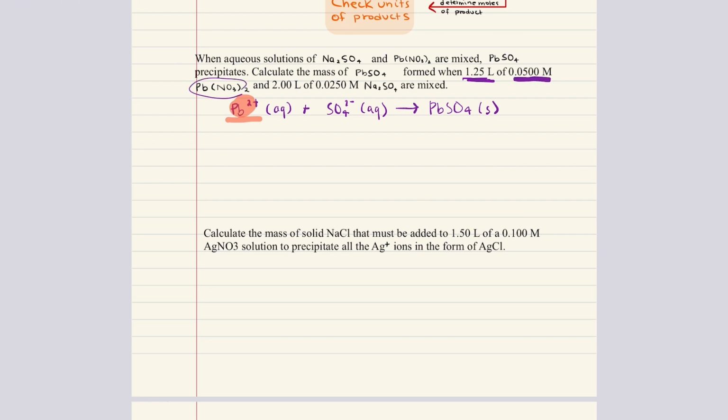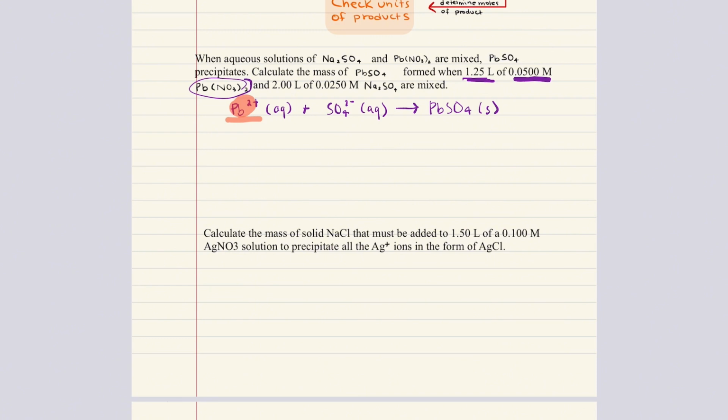I know we're given it in the form of lead nitrate, but remember, we told ourselves, because we worked through the net ionic equation, that we only really have lead participating in the reaction here. So what we really have is 1.25 liters of lead, and the molarity is 0.05 for lead ions.